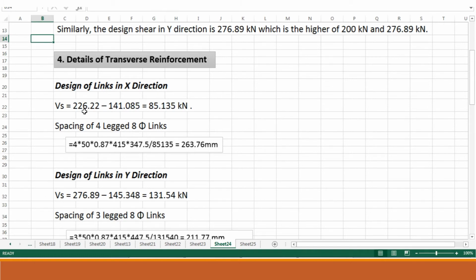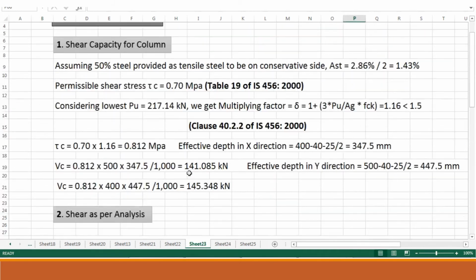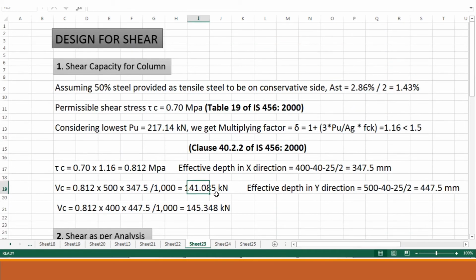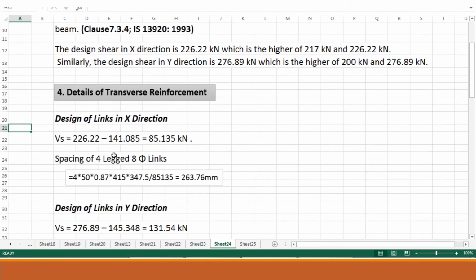Now Vu is 226.22 in the X direction. 226.22 minus 141.085 kilonewton, which is the shear capacity in the X direction. So the value comes to be 85.135.